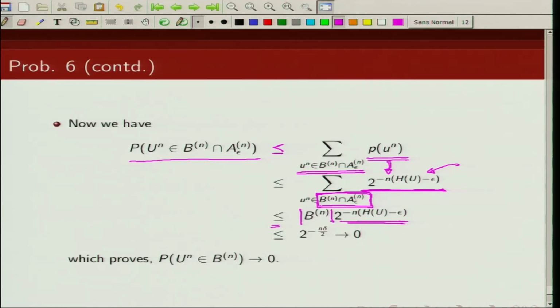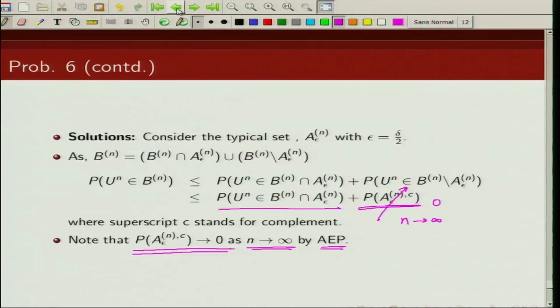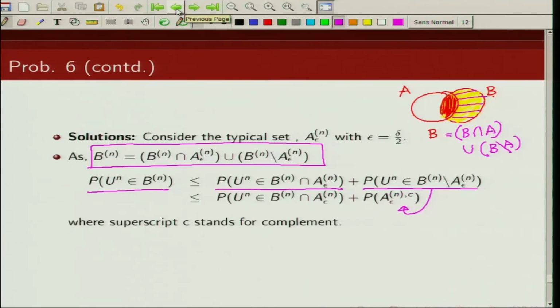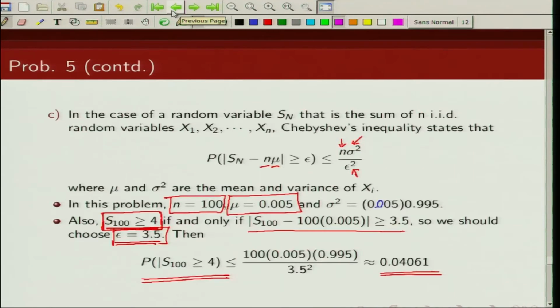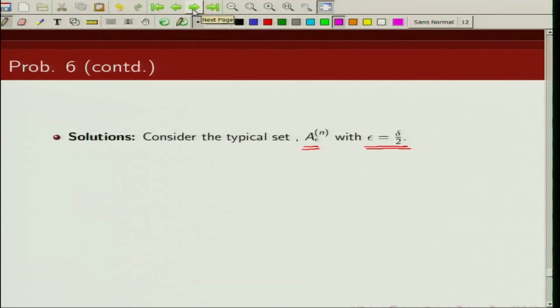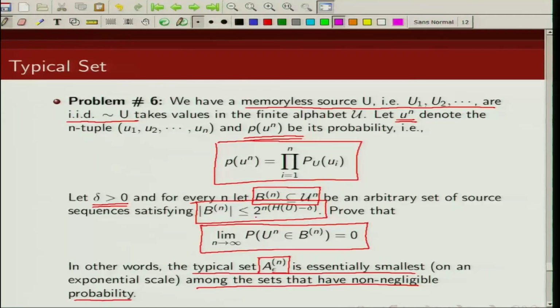So this would be the cardinality of B^n multiplied by this. And what is B^n? We just saw it is given by 2 raised to the power n H(U) minus delta.